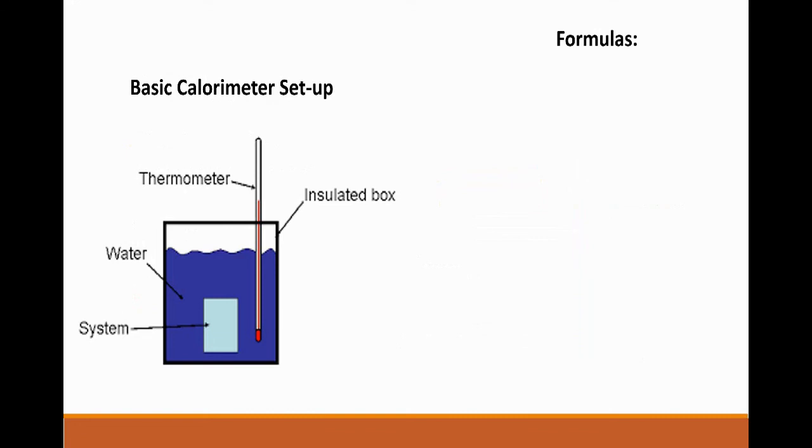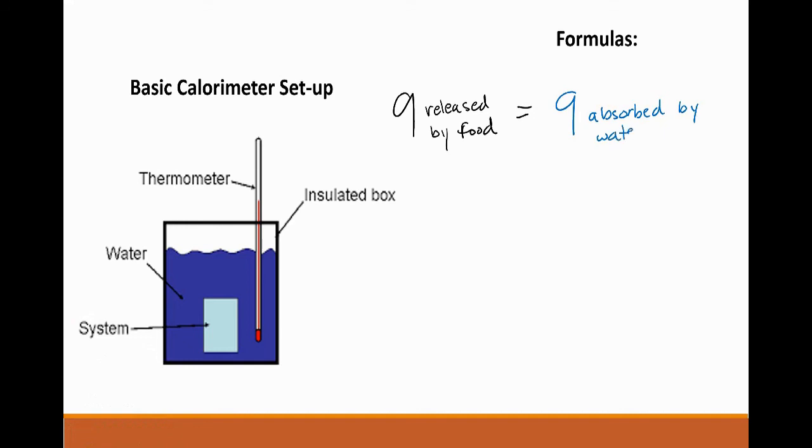When it comes down to the calculation, the main assumption it's built upon is that the heat, and we'll use a lowercase q for heat, released by the food item, whatever that food may be, is equal in amount to the heat absorbed by the water in the calorimeter.